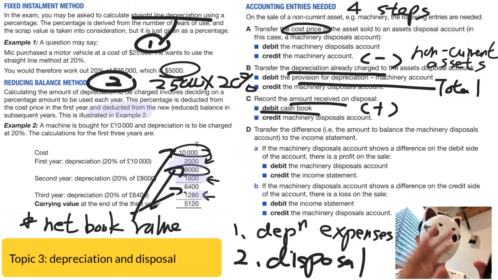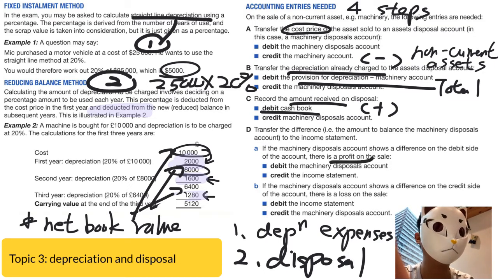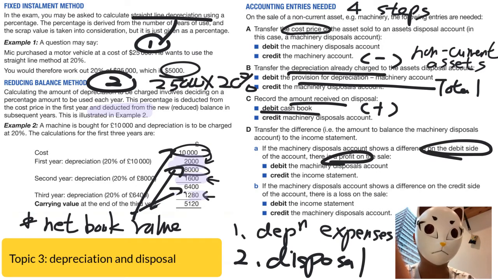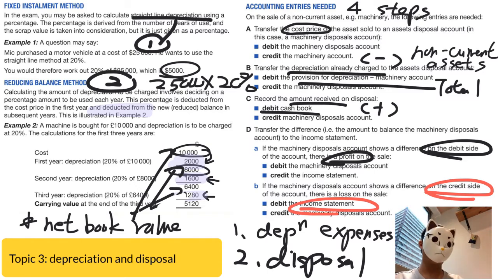With all these, you may then determine whether there is a profit or loss. So that's how you do it. This is the 4 steps for the disposal account. Follow all these rules, then you must get the correct answer for the disposal account.